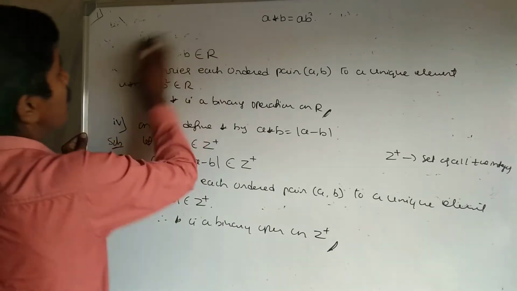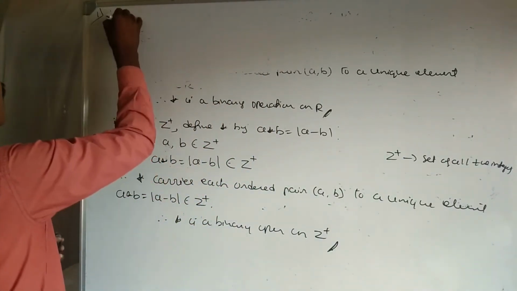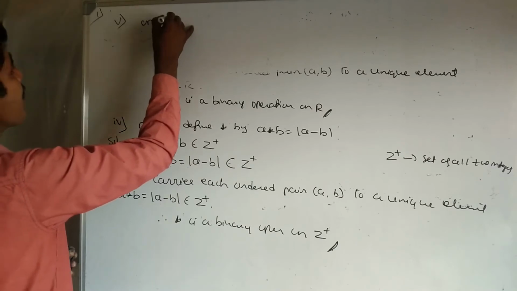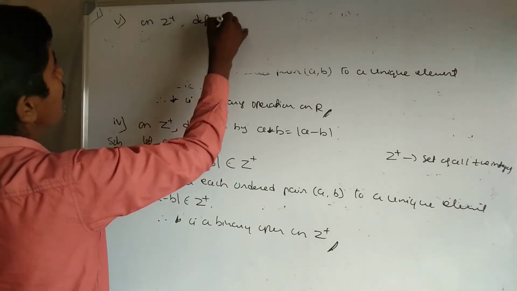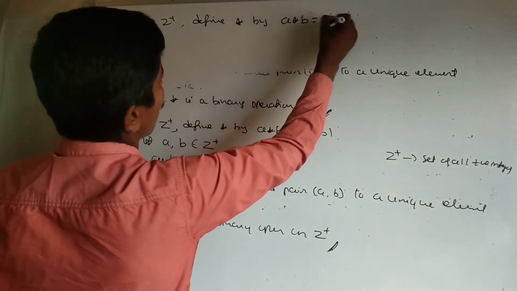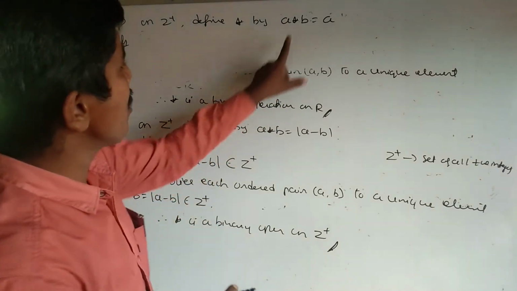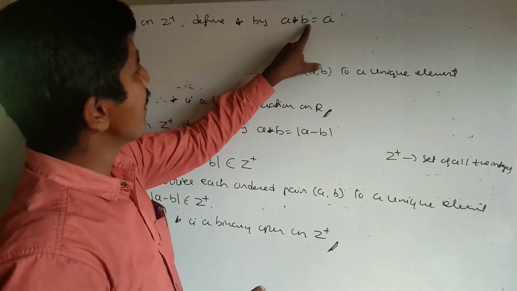Next, the fifth problem. On Z plus, define star by a star b equal to a. So here the binary operation star is defined: a star b equal to a.